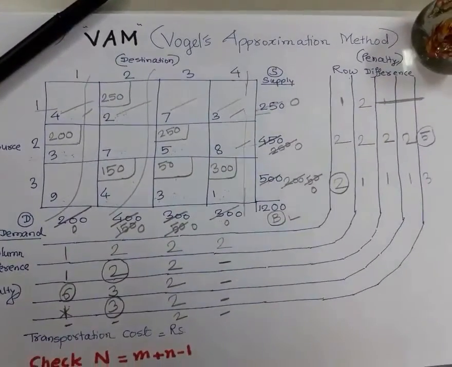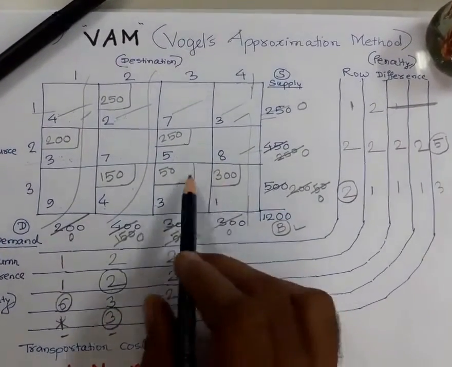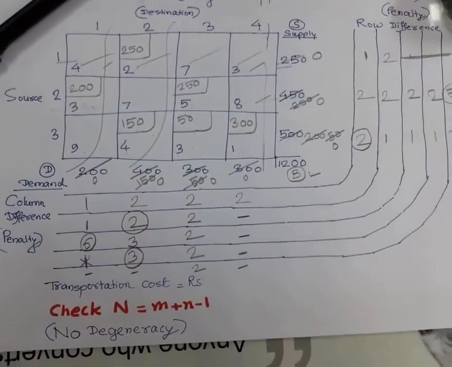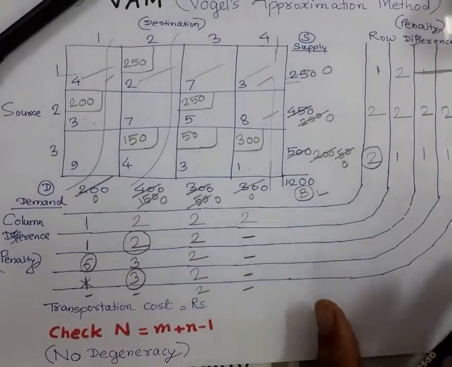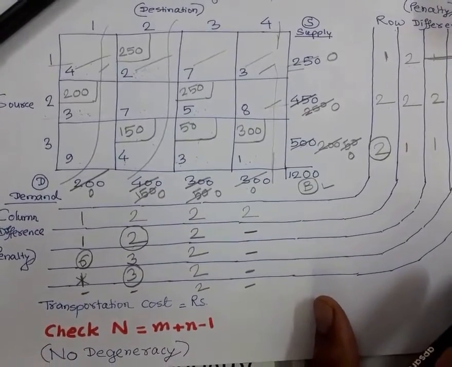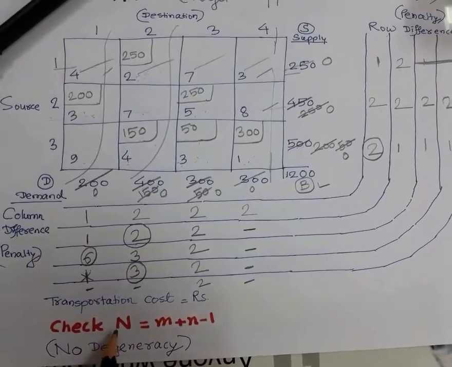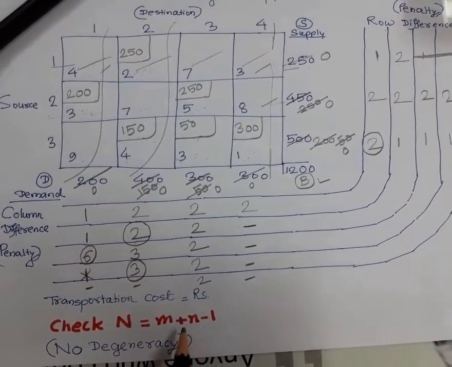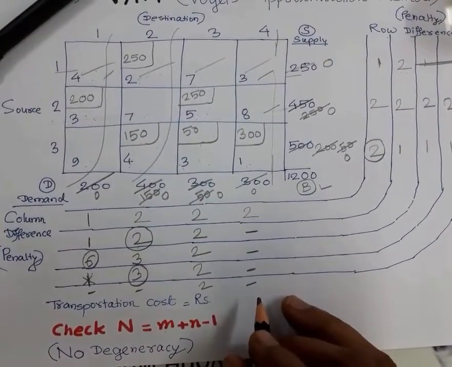Now all the allocations have been done. Total we have 1, 2, 3, 4, 5, 6 allocations. Now we have to cross check whether the initial solution is feasible or not. Check: the number of allocations should be equal to m plus n minus 1. M means number of rows and n is number of columns.